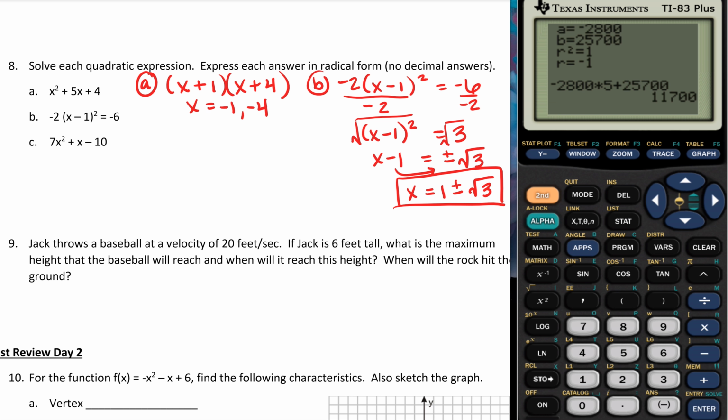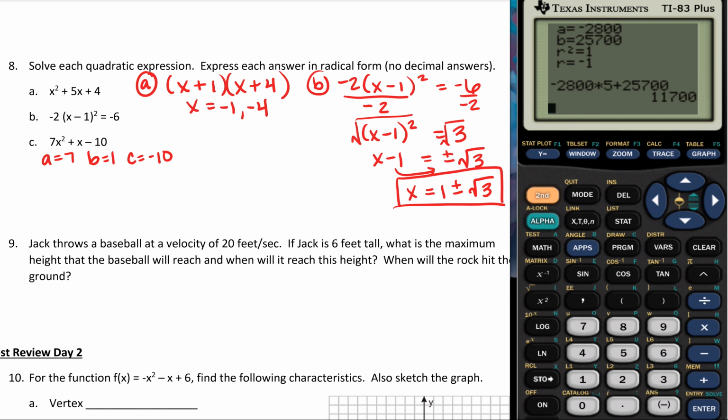All right, looking at C. This is a trinomial with a lead coefficient, but in this case, I know even if I were to take and multiply that 7 to the last number, I get a negative 70. I can't have anything that multiplies to be negative 70, but adds to be a positive 1. So now I know I'm going to have to do a equals 7, b is 1, and c is negative 10.